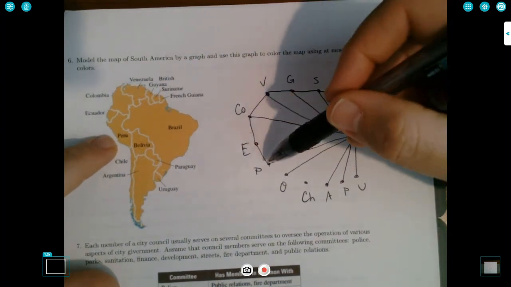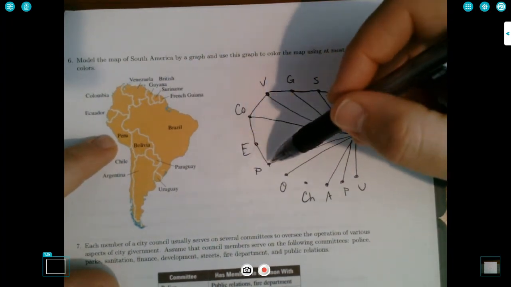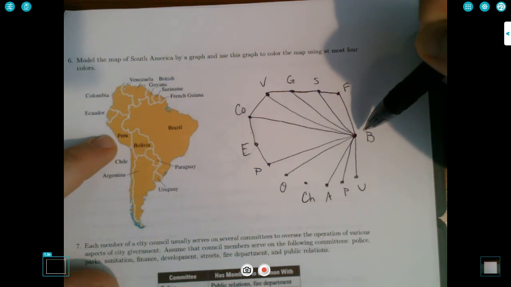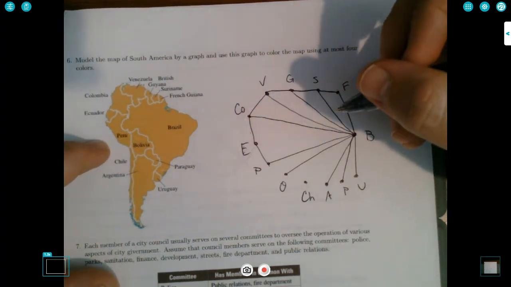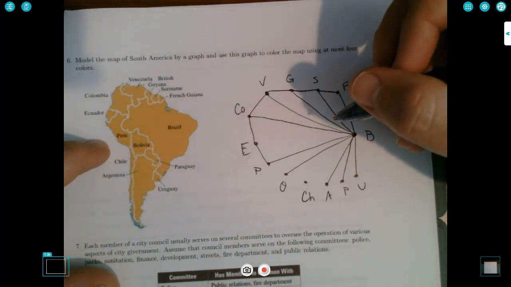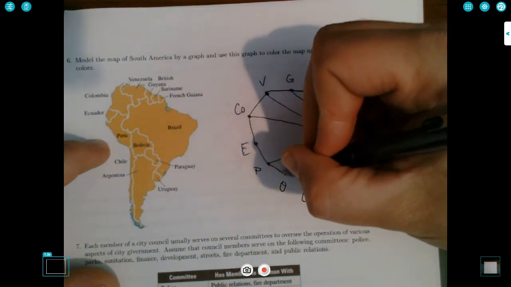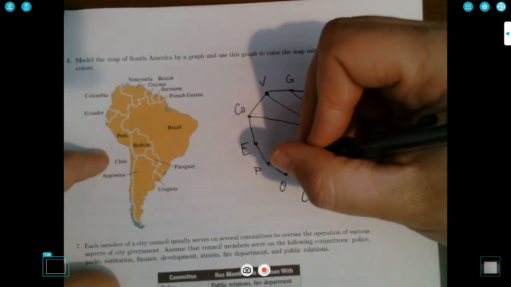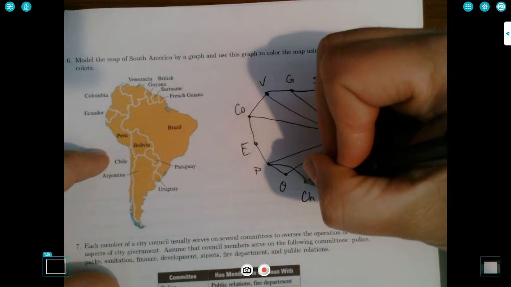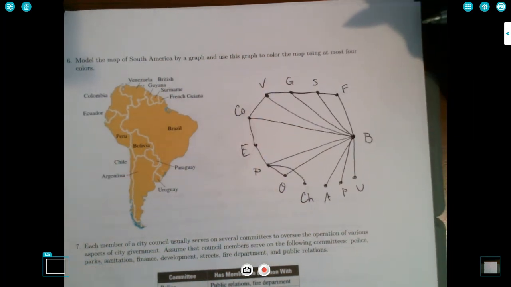Peru has a border with Ecuador, Brazil, Bolivia, and Chile. Okay.